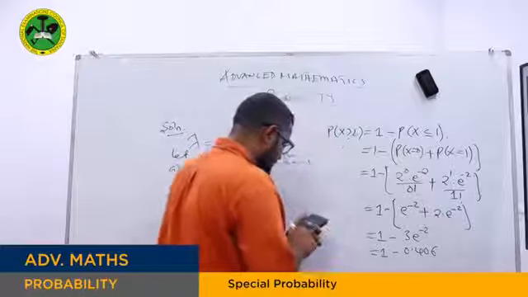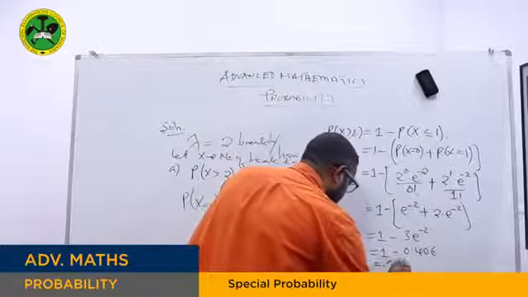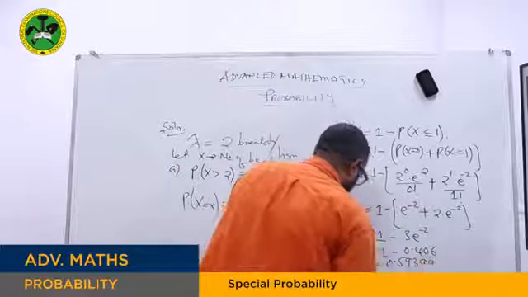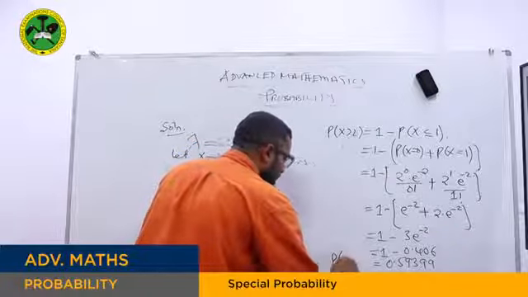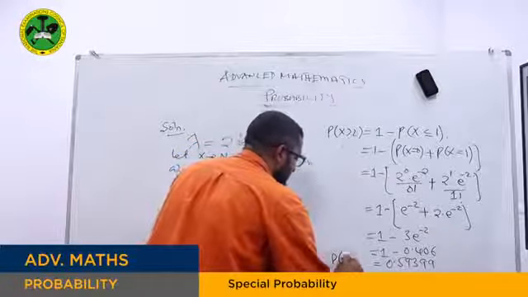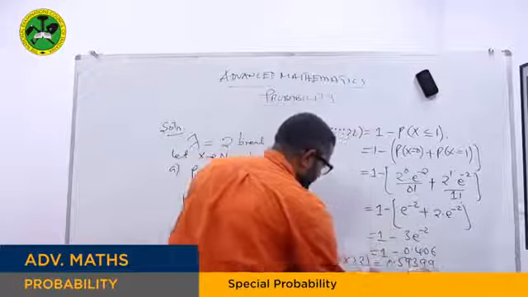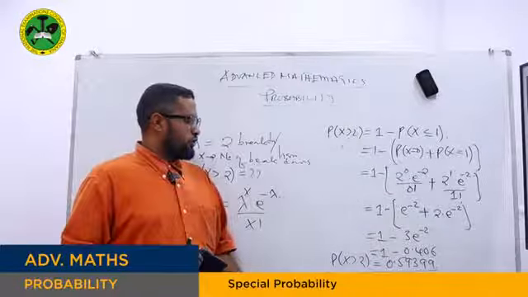So using the calculator again, minus 1, it is 0.59399. So that is the probability of getting more than 2 breakdowns. My dear student, hope we are together to that point.